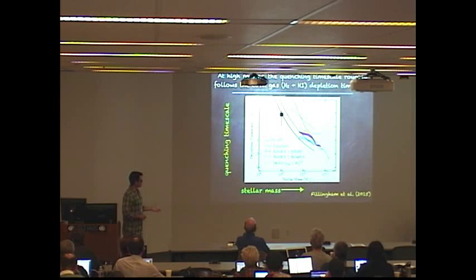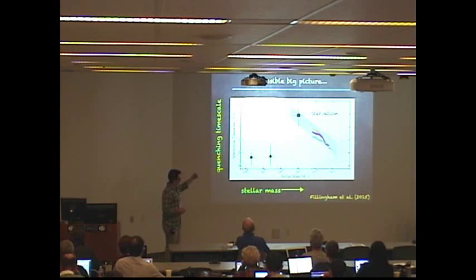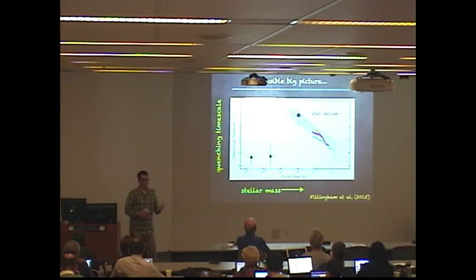So I would argue that this picture, where starvation is the dominant mechanism in the high mass regime, is consistent if H2 plus H1 is the fuel for star formation. Additional evidence that supports that is the fact that the quenching timescales in this regime seem to be relatively independent of host halo mass, which is again indicative of starvation.